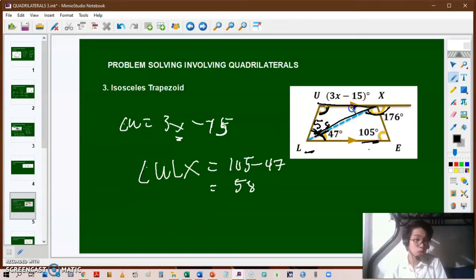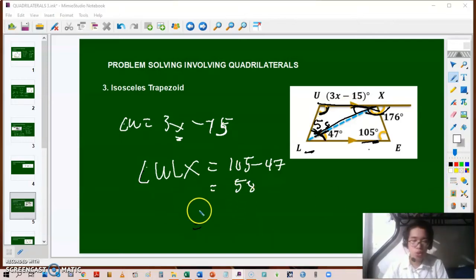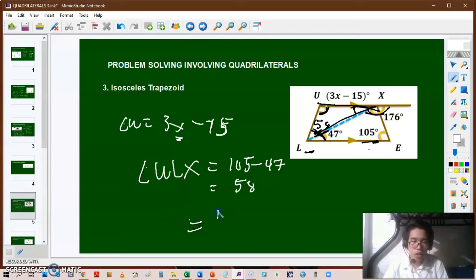Since this is a straight line, its measurement is 180 degrees, and you subtract the measurement of angle LXE, which is 176 degrees, so that we can get the measurement of angle UXL.